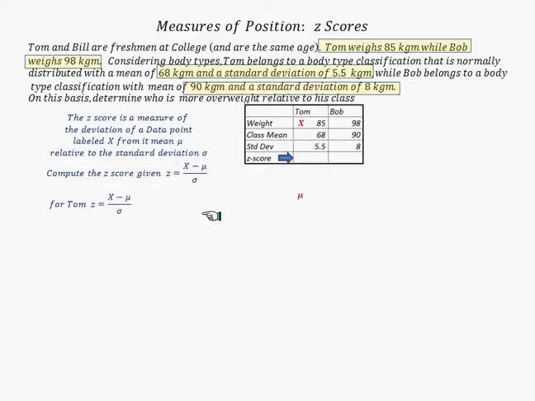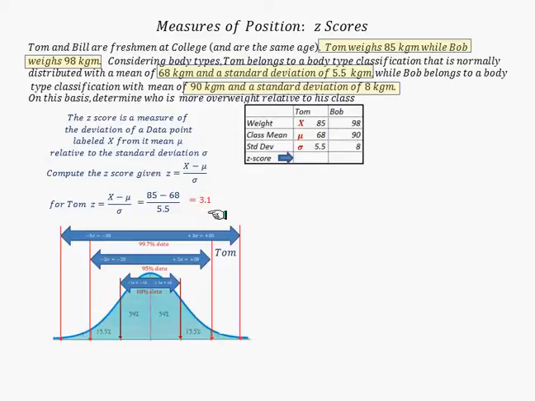For Tom, here's x, here's the mean, and sigma. Subtract, x minus mu over sigma is 3.1. And on the normal curve, we're assuming a normal distribution here. He's at the extreme end here, beyond 99.7% region. Now for Bob, we see here his x, his mean is 90, standard deviation 8.